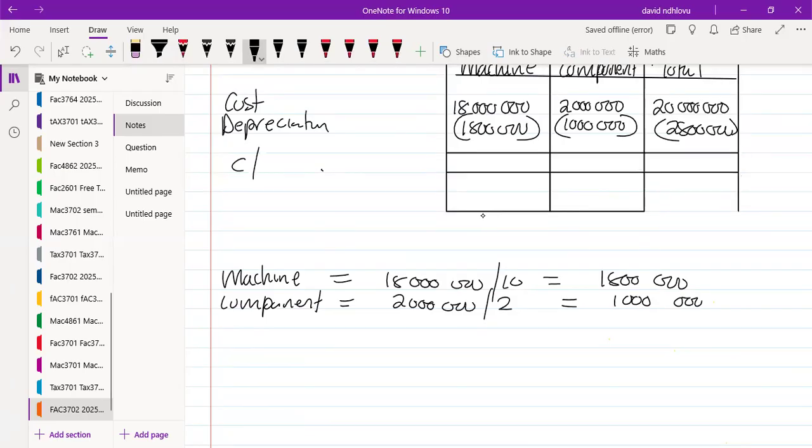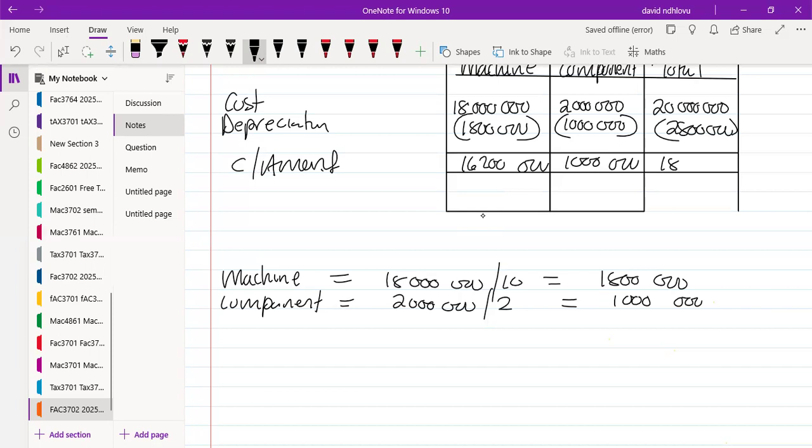Then we can calculate our carrying amount. Are we following, people? Yes. Once we have that, then we're going to be left with 16.2, and then we're going to be left with 1 million there. We are going to be left with 18. But it can't be 18. How can it be 18 there?